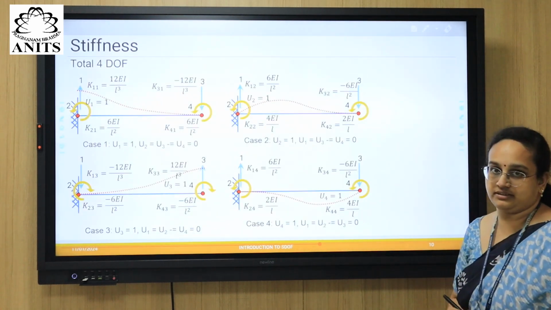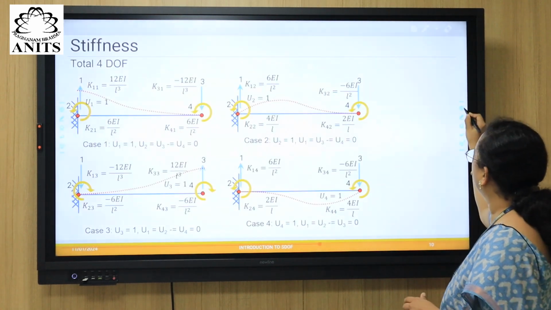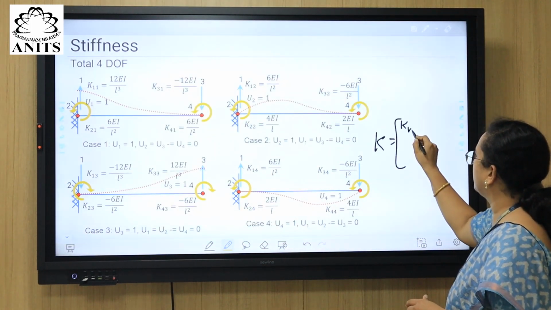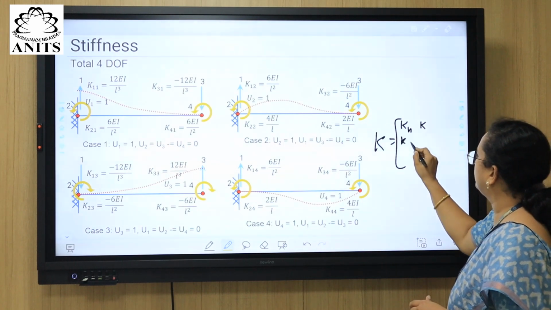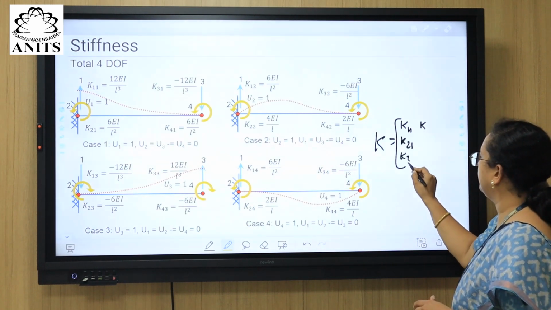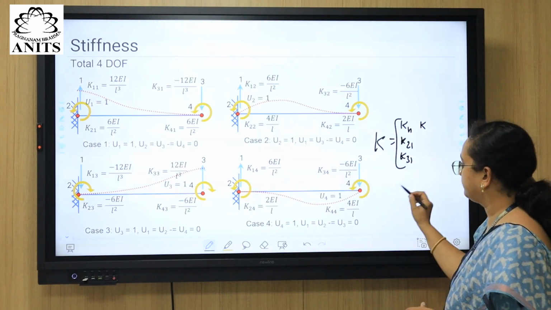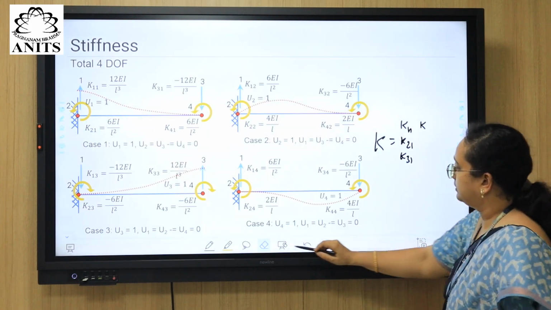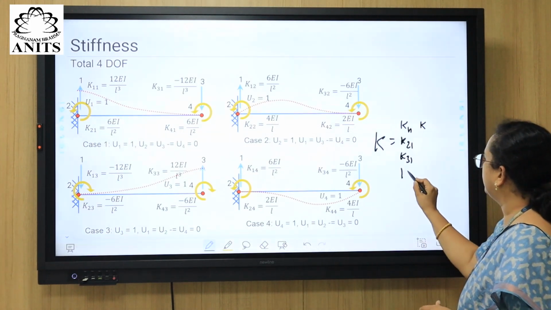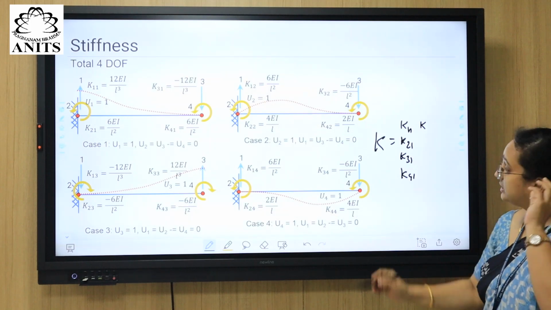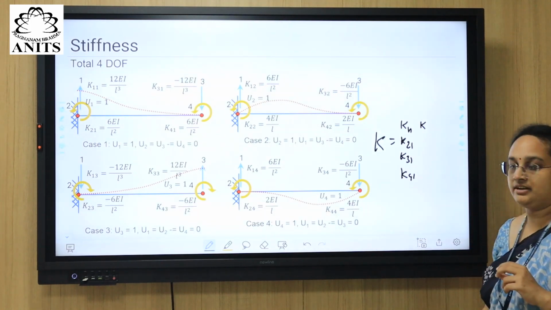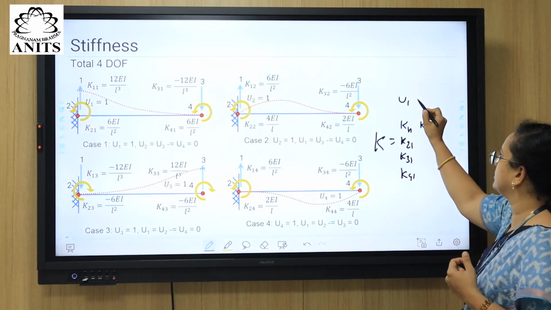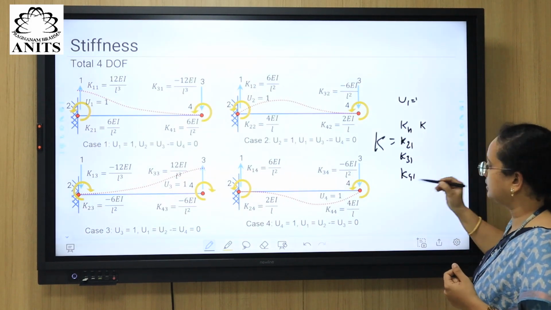The total one looks like this. So you have K formulated as K11, K21, K31 and K41, right? So this column is completely represented by displacement 1, U1. U1 is non-zero, that means U1 is 1. Then you get a column matrix.